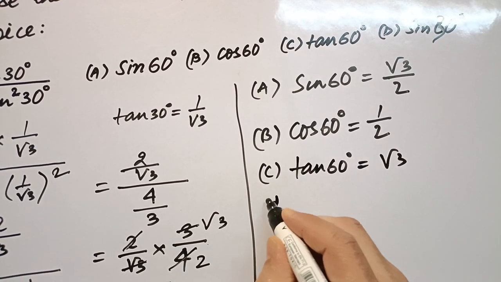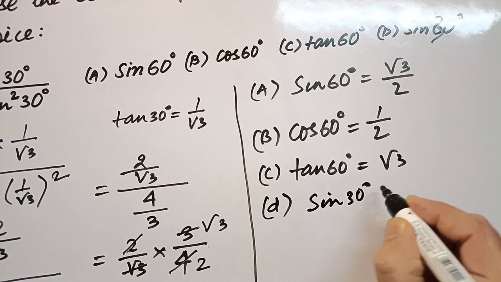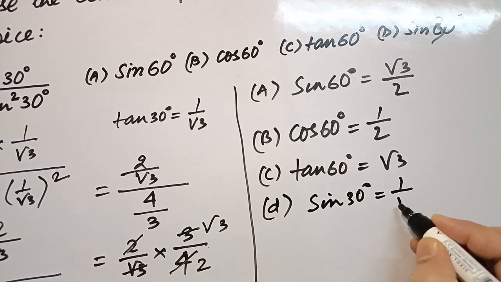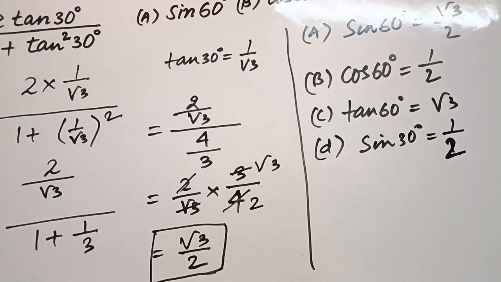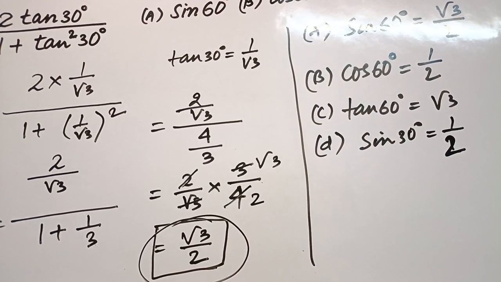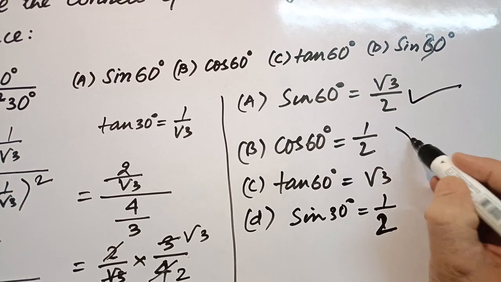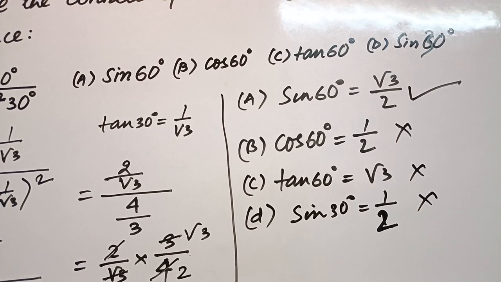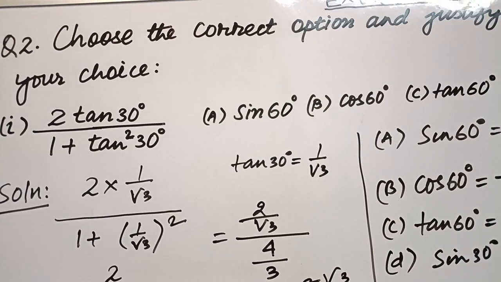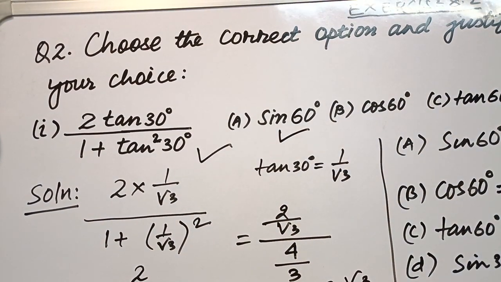And for sine 30 degree, sine 30 will be 1 by 2. So this value matches the first one, and the other 3 are not matching. So the right answer is sine 60.